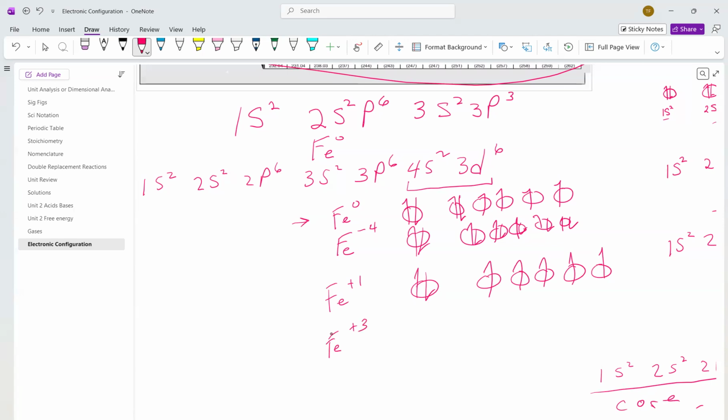We can get rid of 3. What that would do, we get rid of these two here and this one. So this is 3+, and it would look like this.